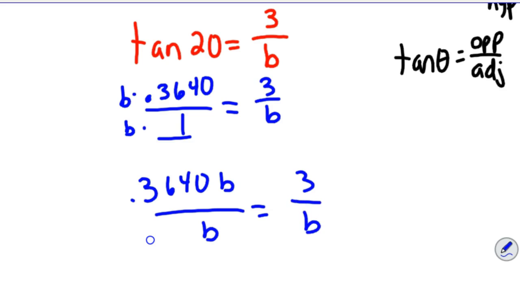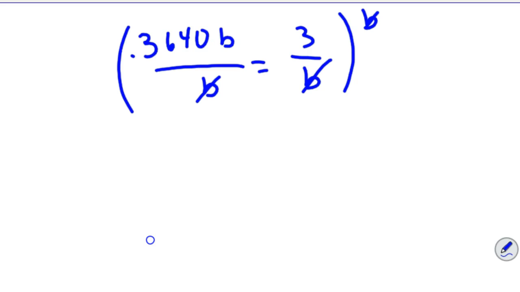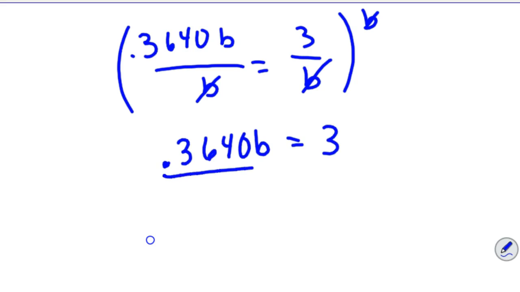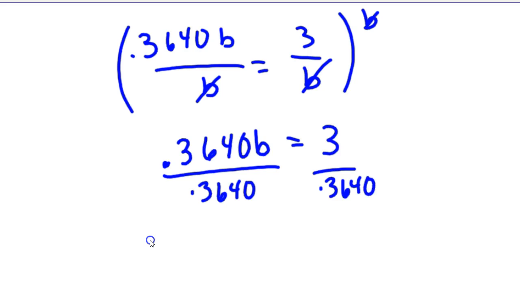And then you multiply the whole equation by b, and your b's cross out. B divided by b is gone, and b divided by b is gone. So it's 0.3640b equals 3. And so now to solve this, we're going to divide by 0.3640 on both sides of the equation. And that'll give us an approximation of the answer.